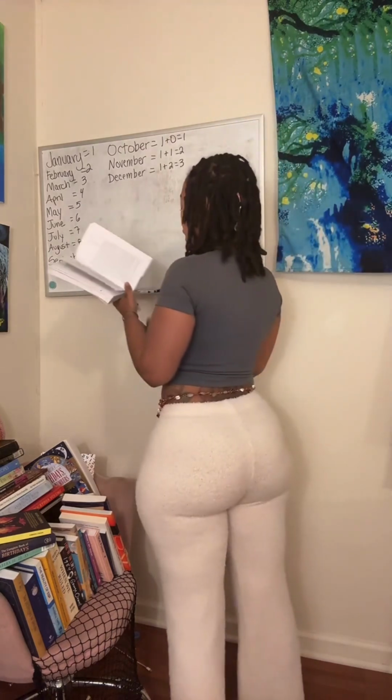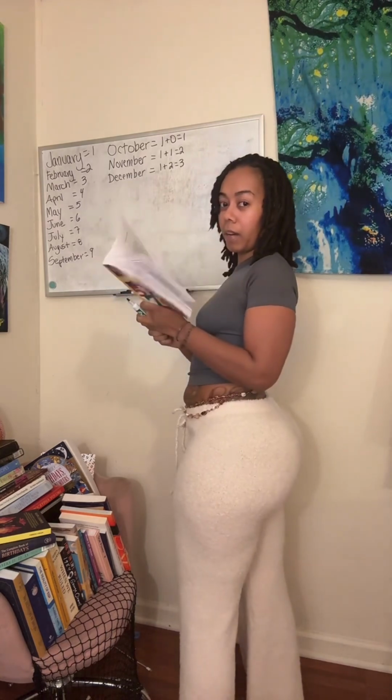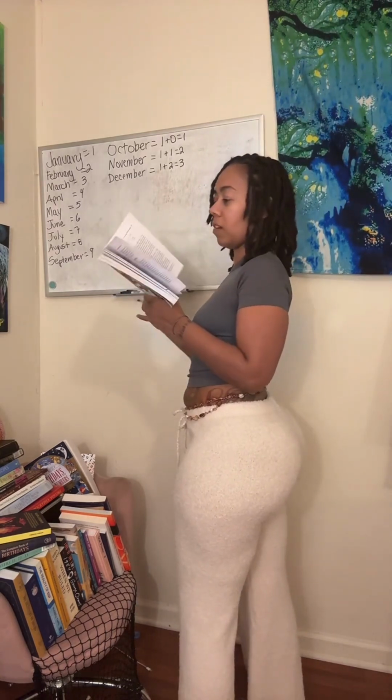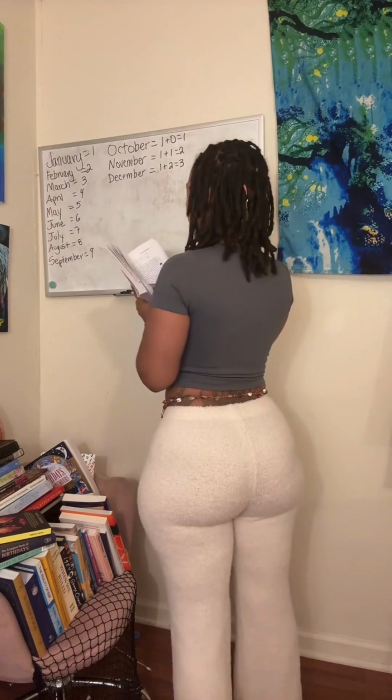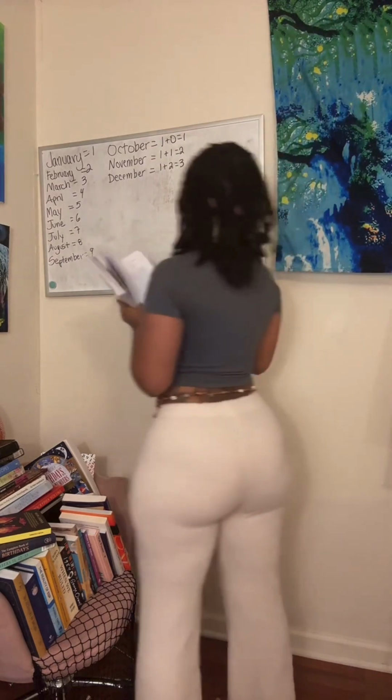Okay. So you're going to take your birthday and their birthday, and get your numbers. So Elaine's birthday is August 16th, 1929.